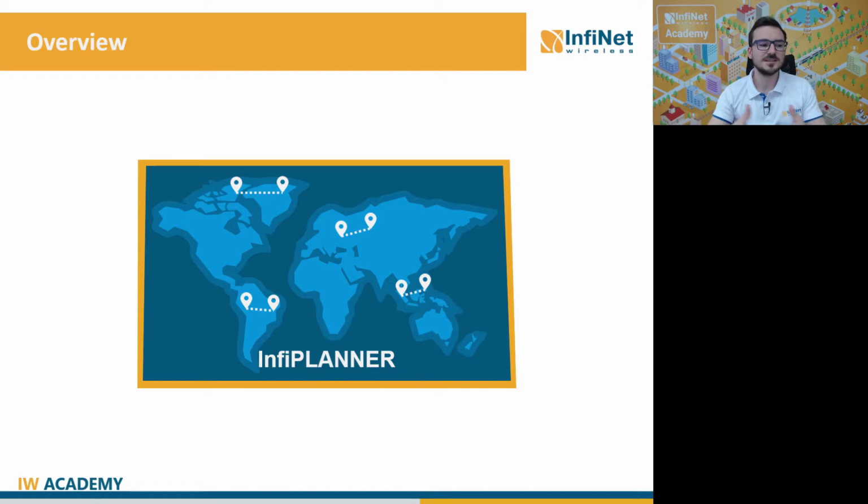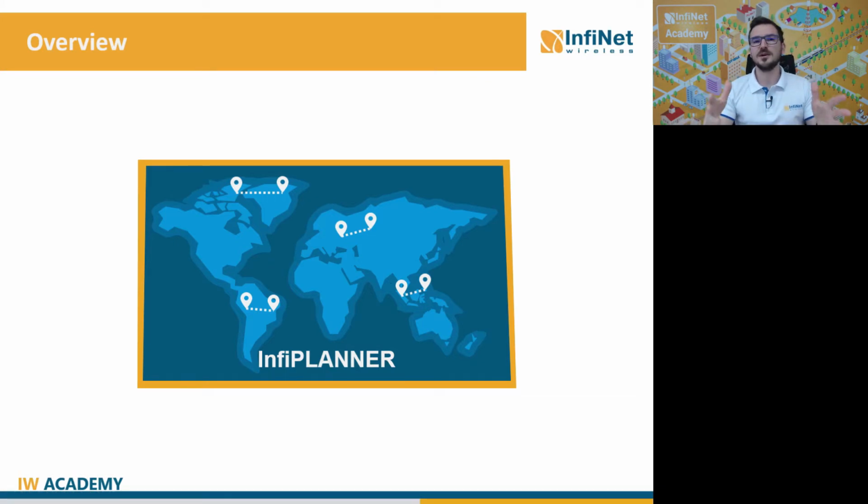It also provides the environment to design more complex networks, both point-to-point and point-to-multipoint, and you can also use it to optimize and improve the performance of your existing networks. But InfiPLANNER is also a useful pre-sales and marketing tool that enables you to make quick link estimations in order to respond to the customer's requests for information as quickly as possible. InfiPLANNER also allows you to compare the performance of different wireless devices side by side.